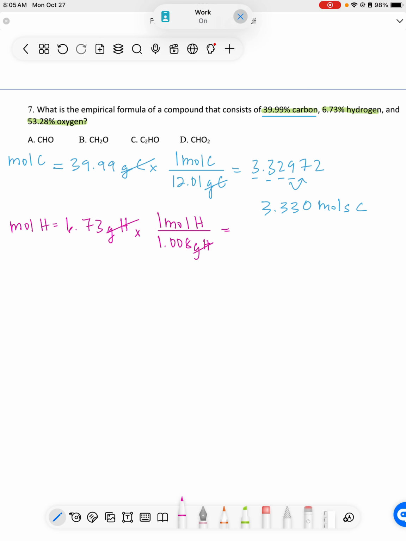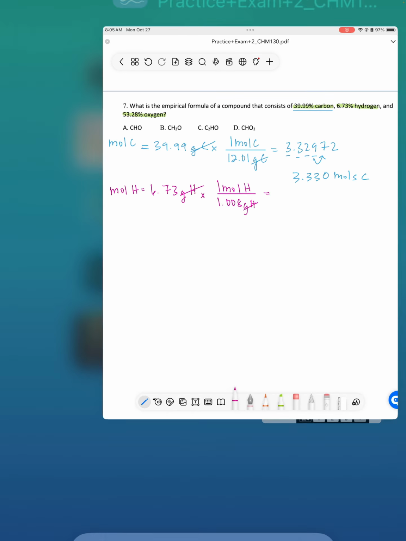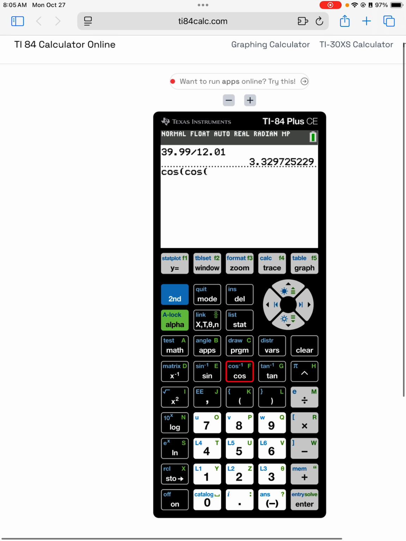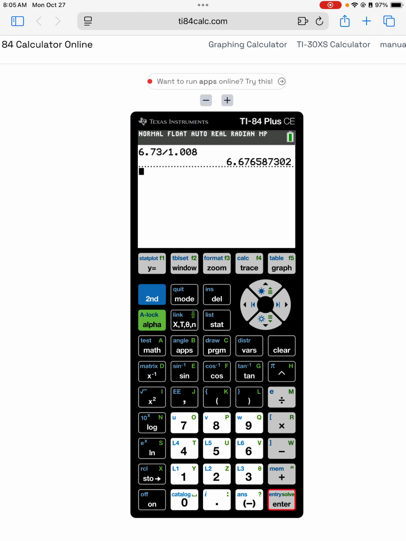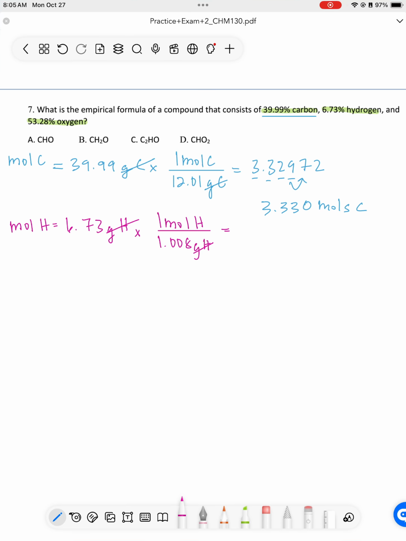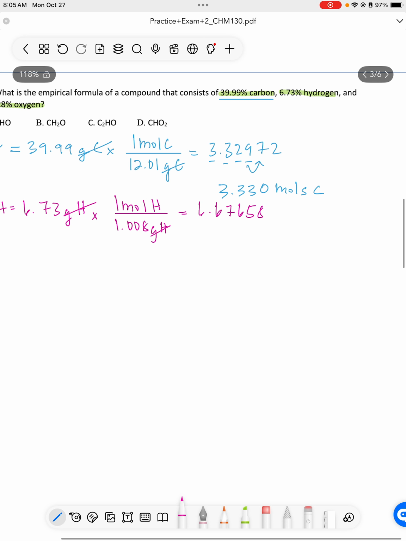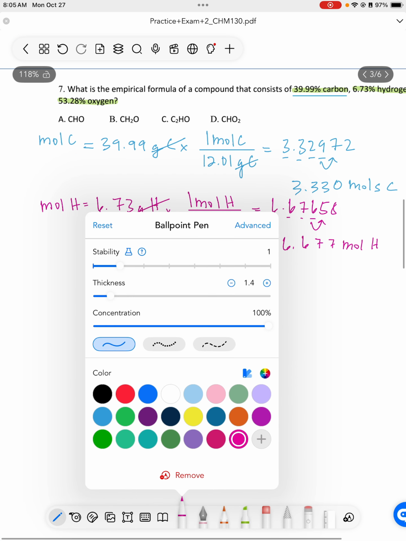And cross this off, and we get 6.73 divided by 1.008. We get 6.67658. All right. We want 4 significant figures. Look at one more. And we get 6.677 moles of hydrogen.